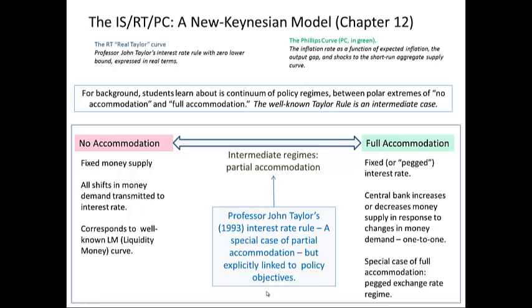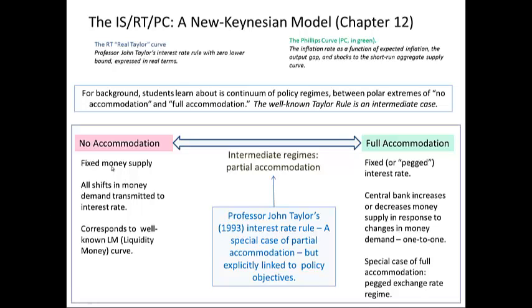Now let's turn to inflation and monetary policy. As a part of their background, students are going to learn about a continuum of monetary policies between two polar extremes, one of no monetary accommodation and another of full monetary accommodation. Recall that under the no monetary accommodation regime, all shifts in money demand are going to be transmitted to the interest rate.